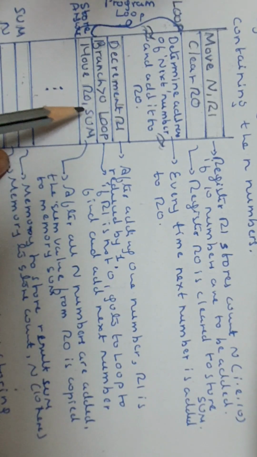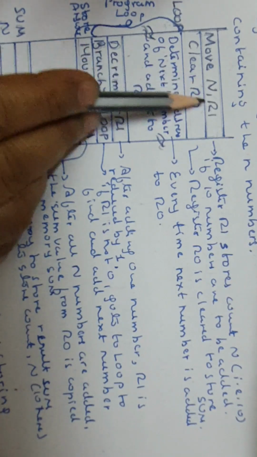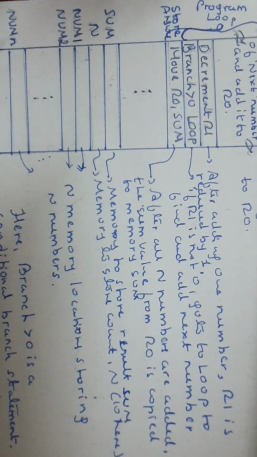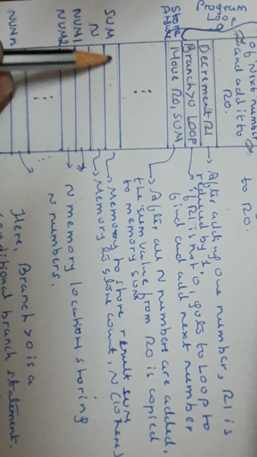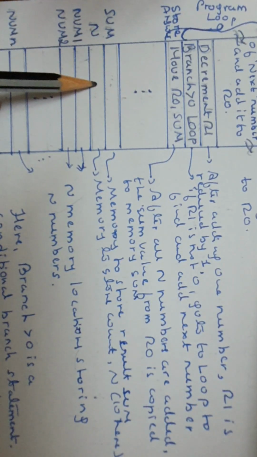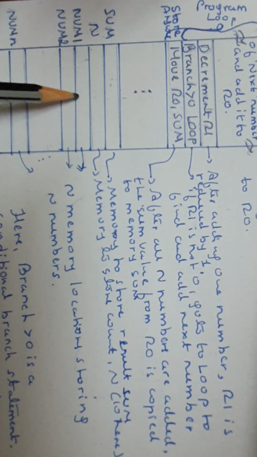So this is the diagram of memory. From here to here, the program, that is instructions one by one, are stored. Here memory continues and this is the memory location for holding the sum. This is the memory location to hold n, that is how many numbers are to be added.